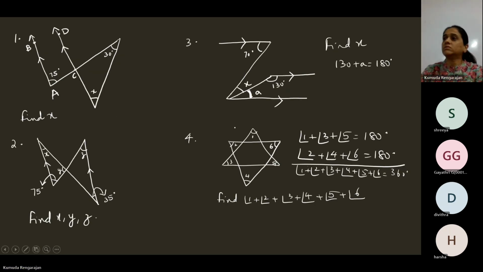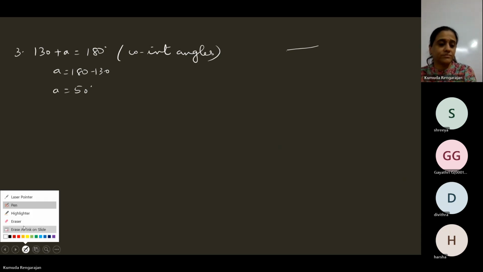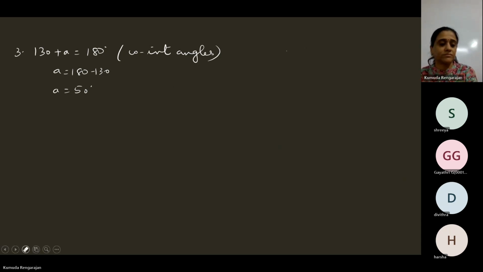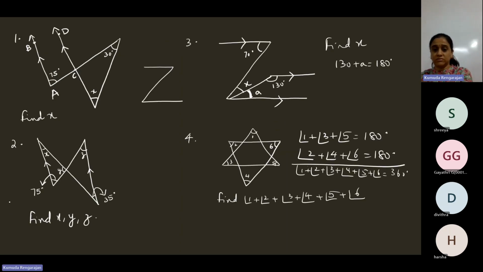Now, can we see this end? We have 70 here, and we have X and A here. Correct? See the figure here.